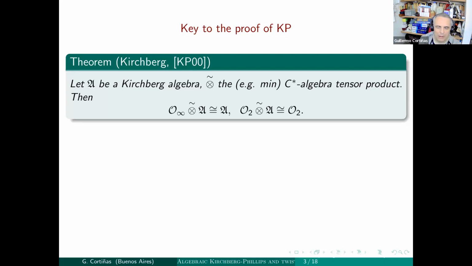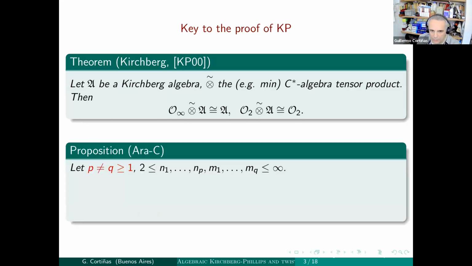Any Kirchberg algebra tensorially absorbs the Cuntz algebra O infinity, which is the completion of the L infinity appearing in the previous slide, and is tensorially absorbed by O2. So one could first try and see if an algebraic analog of this is true, whereby an algebraic analog I mean replace the C*-algebra tensor product by the algebraic one, and O infinity and O2 by L infinity and L2.